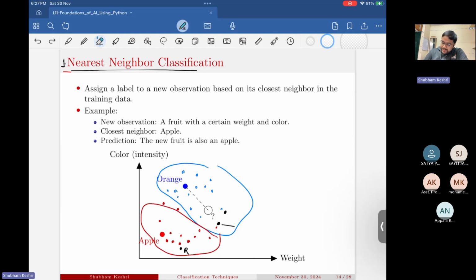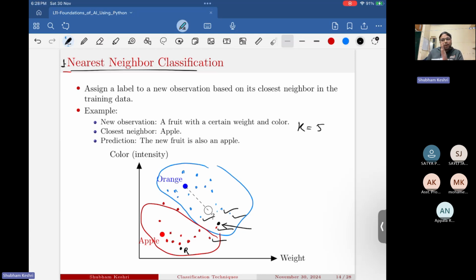When we are talking about this point right now, you have to see k. Suppose k is equal to 5. You have to see the 5 nearest neighbors it has. This is the first nearest neighbor, the second, the third, the fourth, and suppose there are more dots over here, and we have counted 5 neighbors.